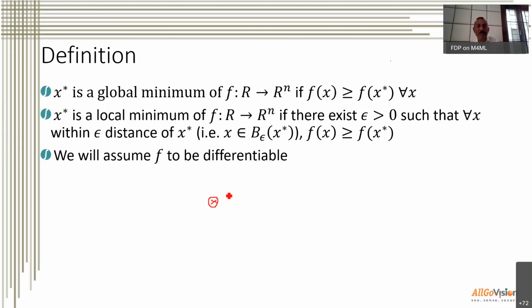That means all the points I collect whose distance is less than or equal to epsilon, and that's the epsilon ball, right? Now, if I take all the points which are at a distance less than epsilon from x star and call it a ball of radius epsilon at x star, any point in that ball has function value not less than f of x star, then f of x star is called a local minimum. And for our purposes, we will assume a function f to be differentiable. Okay. Let's move on.